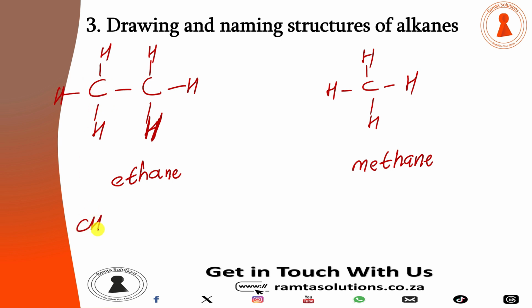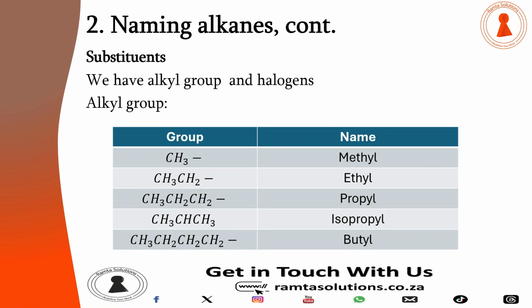It is CH3, and the second one also has 3 hydrogens. Happy? This one, of course, it's CH4, right? Now you remember we had ethyl. Go check it out. Ethyl has 1 less hydrogen. It was CH3, CH3, but when it's ethyl, it's CH2. Happy? Perfect.